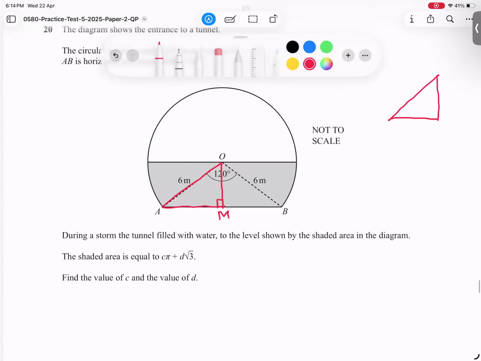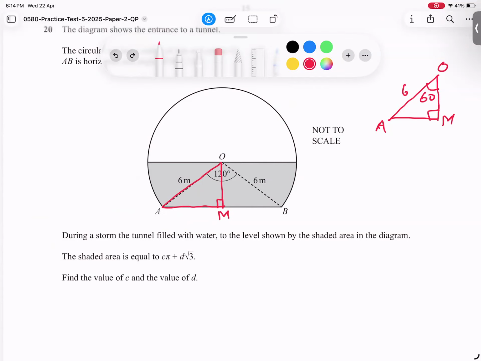So first of all, I'm going to make it OMA. These kind of questions are very favorite for exam. So I need one value only, okay? And that value, because I have this 6 and this 6. Wait a minute, please. I have to go for half into base into height.